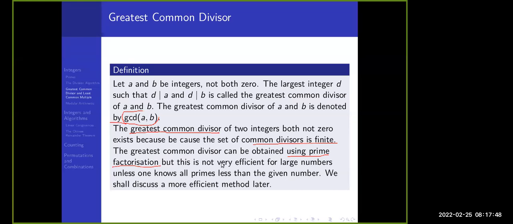So using prime factorization becomes very inefficient with large numbers. We shall look at a better method later, called the Euclidean algorithm, which can help us find the greatest common divisor. There are other better ways also, techniques used in computing that work really fast.